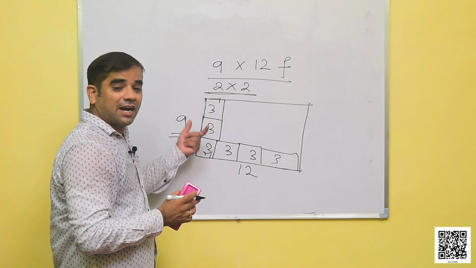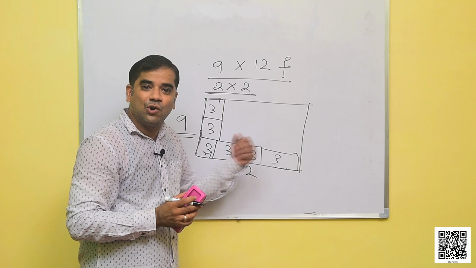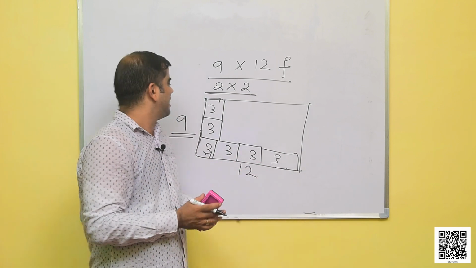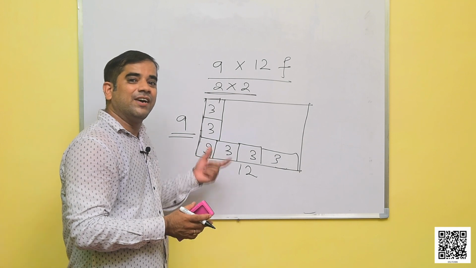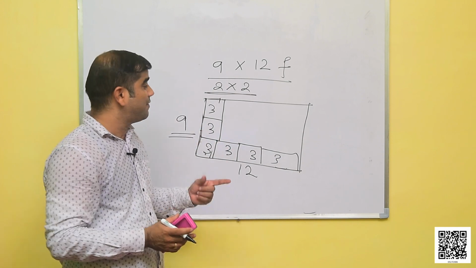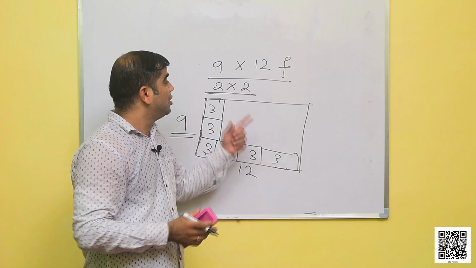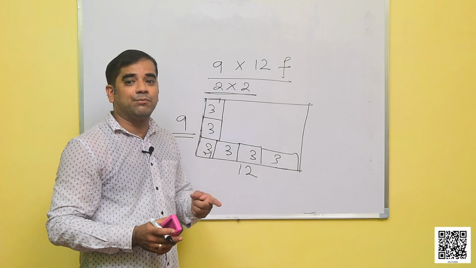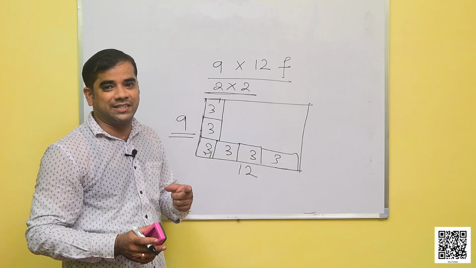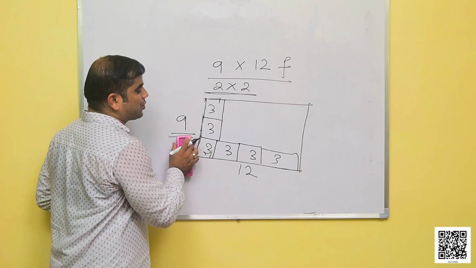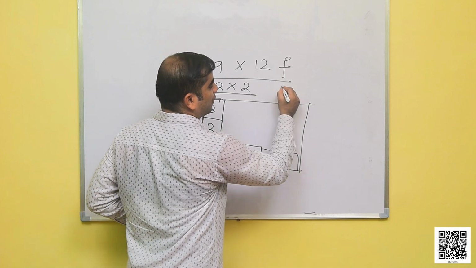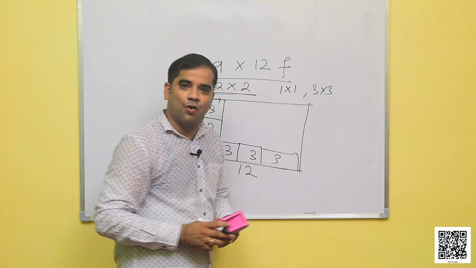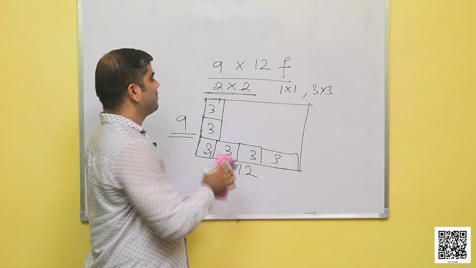I can cover it by height as well as length. Same goes with 1 foot tiles because 1 is also a factor of 9. 2 is not a factor of 9, so I cannot go for 2 feet. I can lay the 2 feet tile, but I have to cut it at some places. So, the actual answer is Manoj should go for 1 into 1 feet or 3 into 3 feet tiles. Hope you understand. Let us go for the other question.